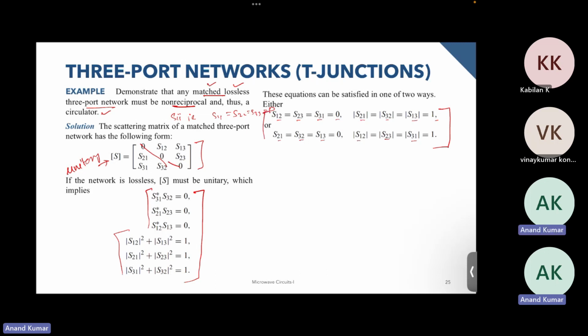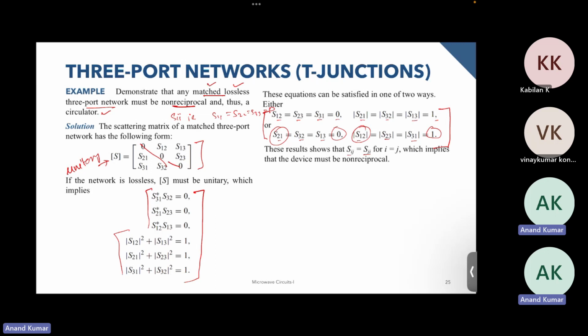Since this is satisfied in only these two conditions, this implies that Sij is not equal to Sji. If you can see over here, if we have the magnitude of S12 equal to 1, we have S21 equal to 0.